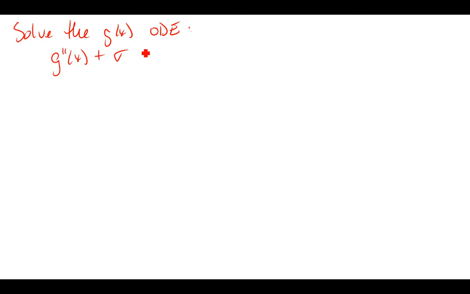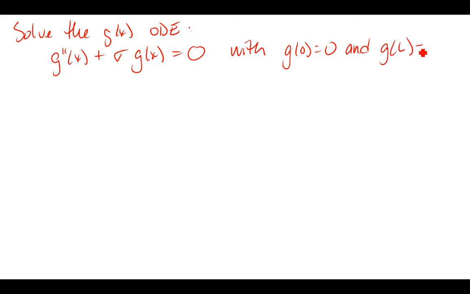So let's solve the g of x ODE, which I'll just recap for you here: g double prime, the second derivative of g, plus sigma g equal to 0, with our 2 conditions that we just discovered, g of 0 is 0, and g of L is also 0.